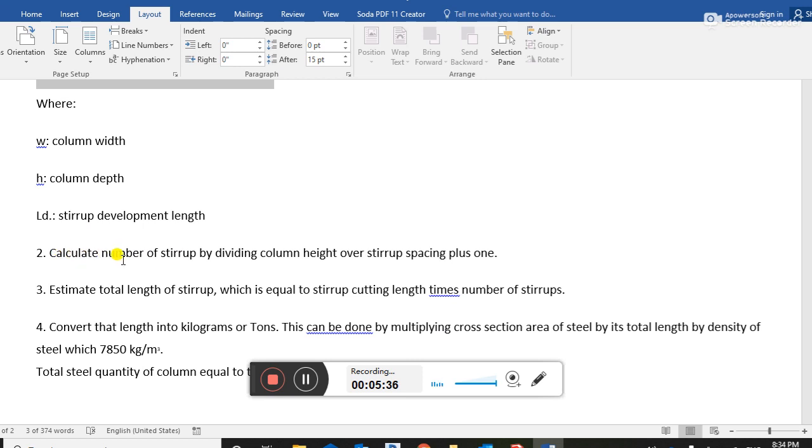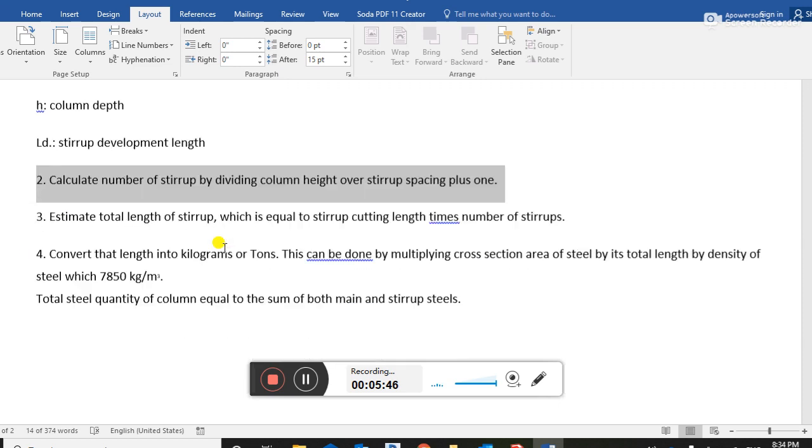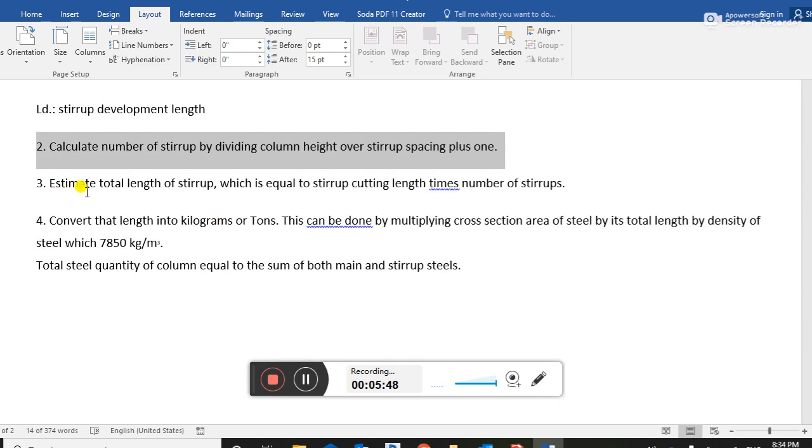Guys, calculate number of stirrups by dividing the column height over the stirrups spacing plus 1. Guys, this is also important. Estimate total length of stirrup, which is equal to the stirrup cutting length times number of the stirrups.